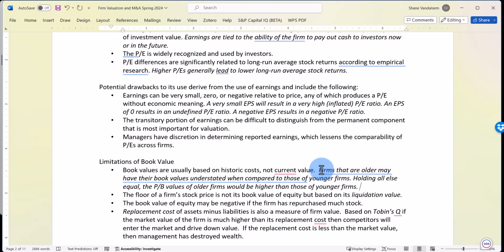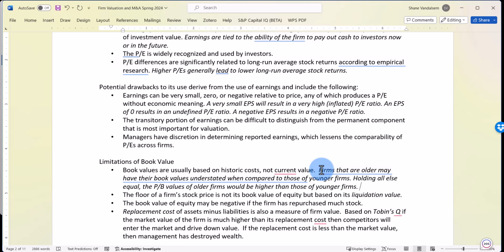The next limitation on book value, and this has become a big one in recent years, is that the book value of equity may be negative if the firm has repurchased much stock. We're beginning to see this a lot, especially after about 3 decades of a lot of large firms actively repurchasing stock.